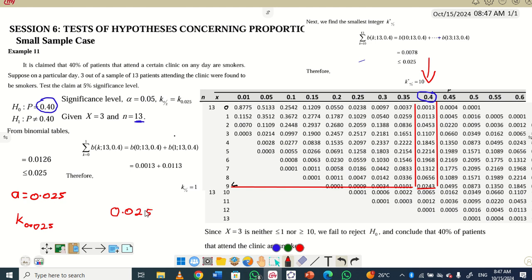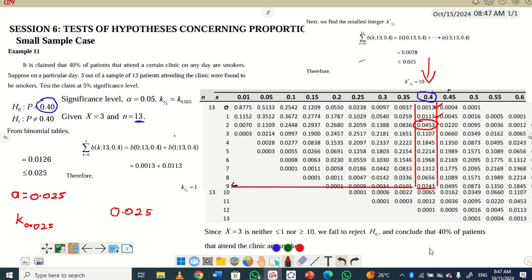You can see that this value is accepted. But when we get to this point, it is greater than 0.025, so this one is not accepted. Then this has become our critical value, or this is the point that we need to stop.